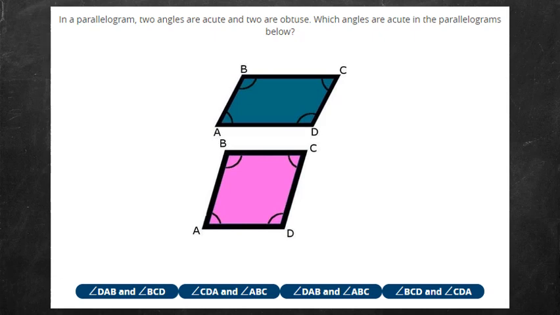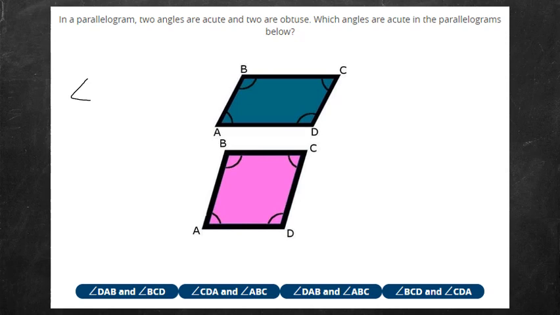In a parallelogram, two angles are acute and two are obtuse. Which angles are acute in the parallelograms below? Well, let's look at, first of all, how to read an angle in a parallelogram or any other shape. If you notice in your answer choices, you have a couple of symbols. The symbol to show you what an angle is is this little thing.